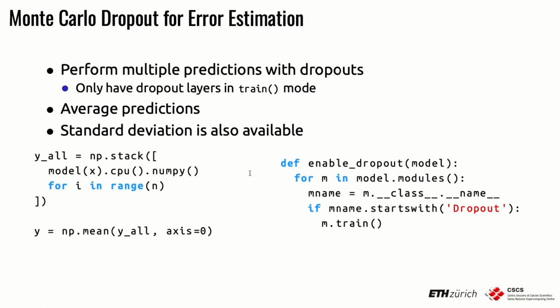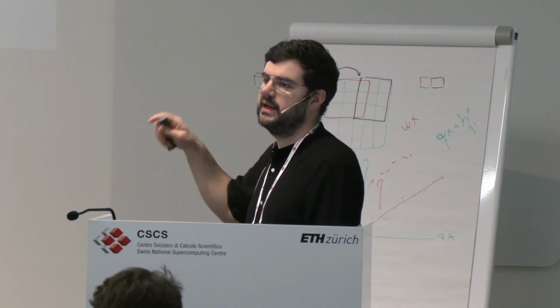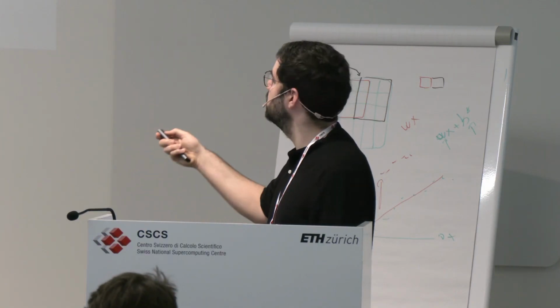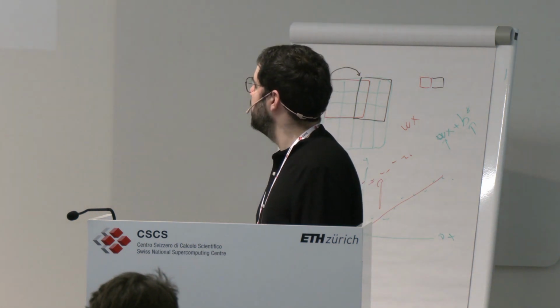What you can do with this, quite interesting sometimes, is that, sorry, I forgot to mention that this dropout layer, I didn't put the PyTorch function, but essentially it's nn.Dropout, and as an argument it takes the probability of the input being dropped, this probability p.